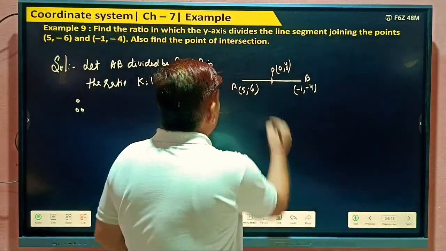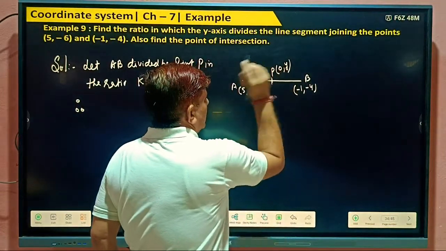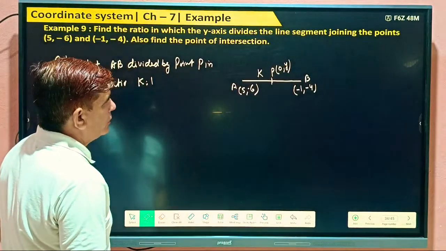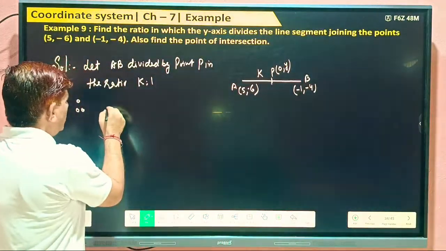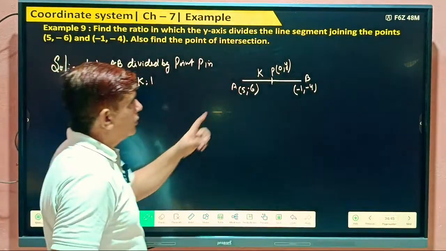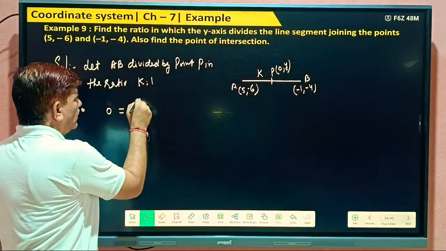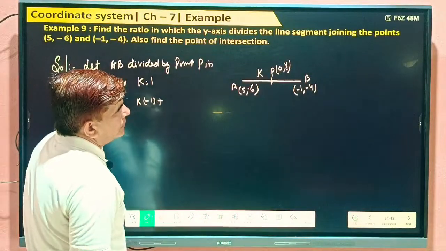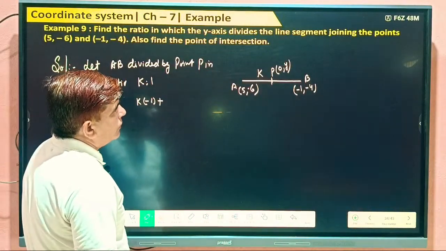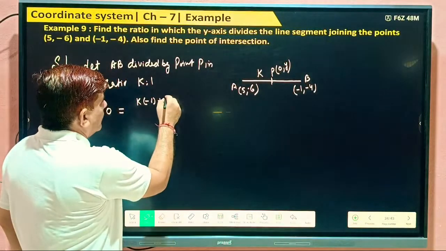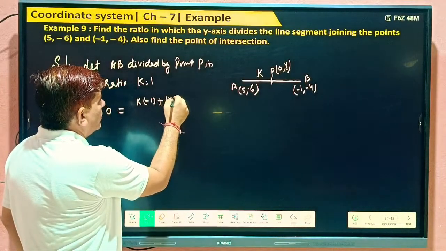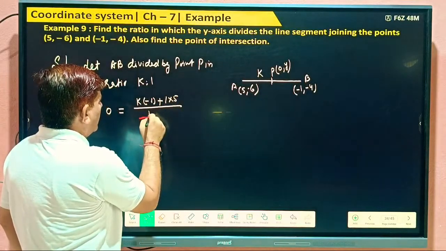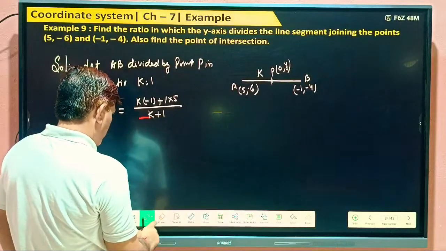This is k and this is 1. So we can find out: 0 equals k into minus 1 plus 1 into 5, by k plus 1.